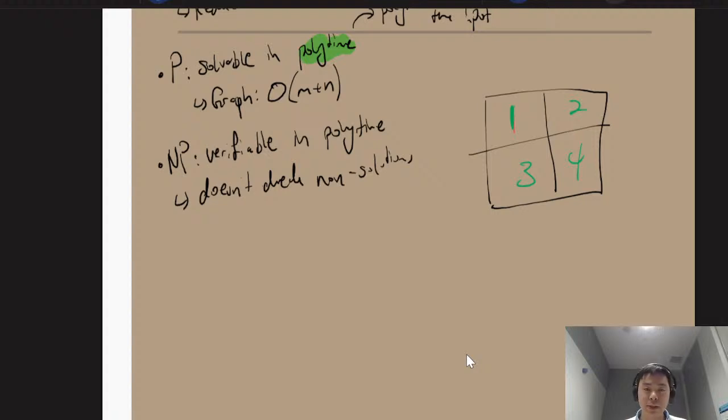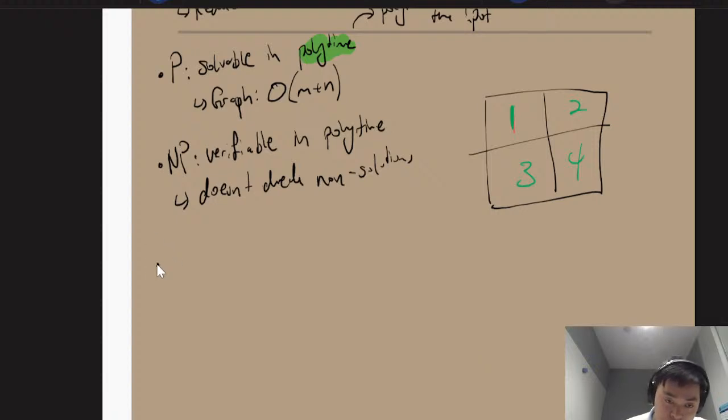Decision problems are just problems for which the output is either yes or no, or true or false. And so if I give you a solution, and this is actually a solution to my decision problem, then of course I can check that it is a yes instance. So when it comes to NP, it's a little bit more than just, oh, I can't solve it in polynomial time. It's just that I can check that the solution is correct in polynomial time.